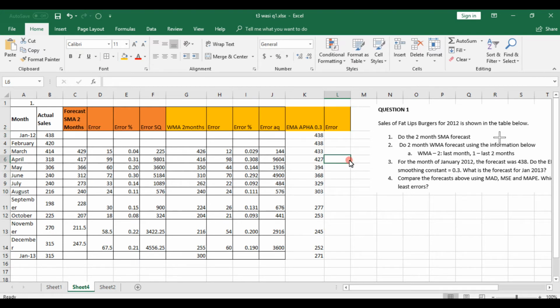Error, as we know, error is actual minus forecasted. Again ABS, just to avoid any negative integer, actual minus forecasted. Close, just write it down.